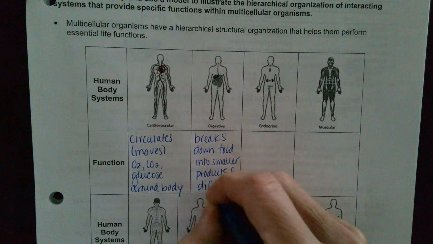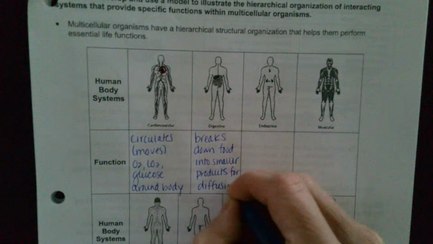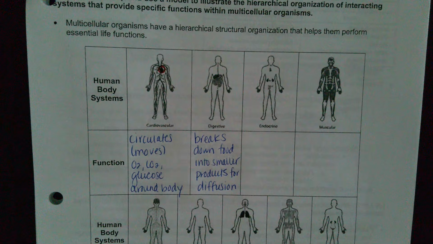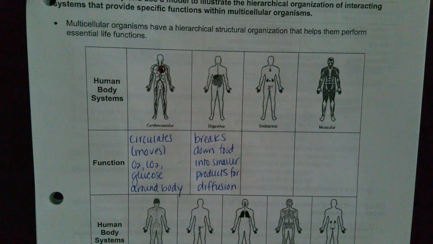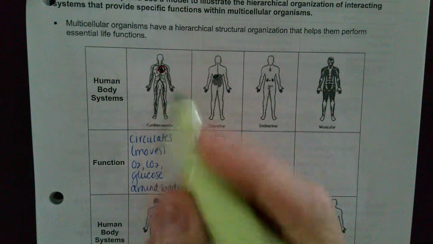Now, we don't need to get too specific into what diffusion is, but we want to remember that diffusion is talking about the movement of molecules without needing any sort of energy. The movement of molecules without needing energy. So let's just highlight those two words. Circulates, meaning move.